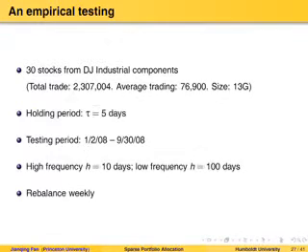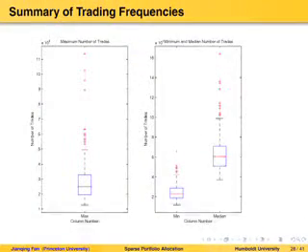Okay. And this graph just shows you trading frequencies. This is the maximum number of trades each day. I have 200 days or so, so this is the distribution of the maximum number of trades per day.